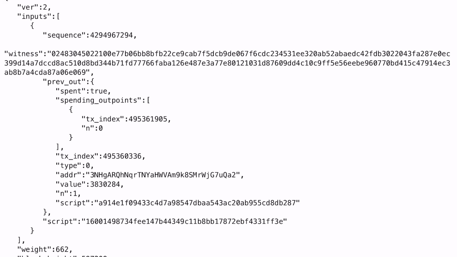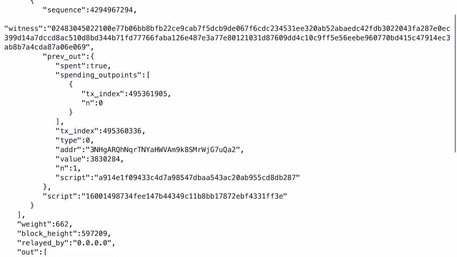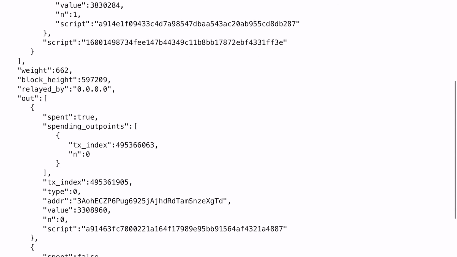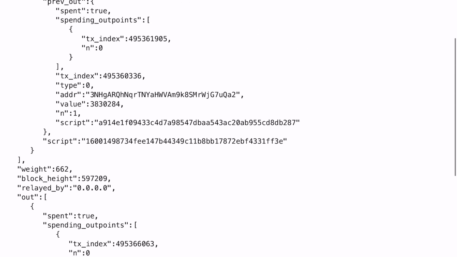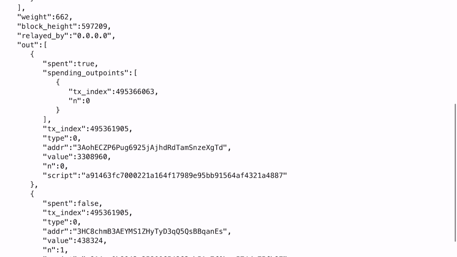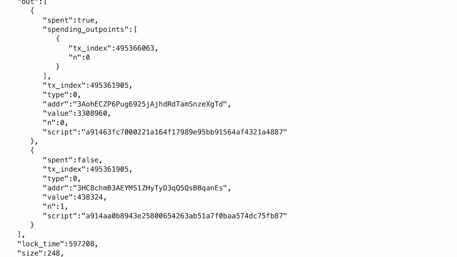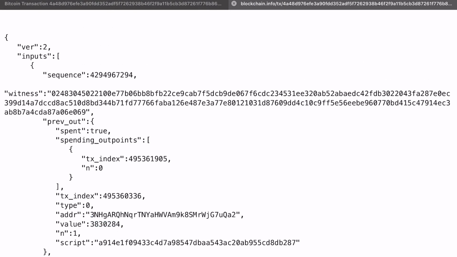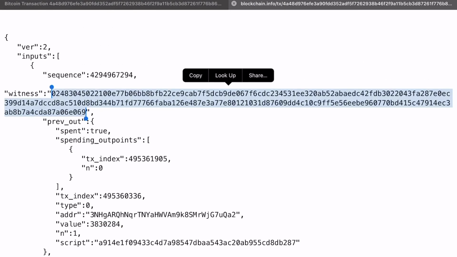In this transaction, you have one input which references the previous transaction's output, with this input value, and it has two outputs here, and the signature is inside the witness.